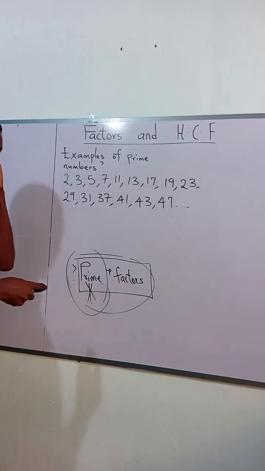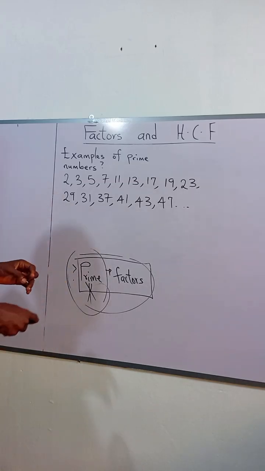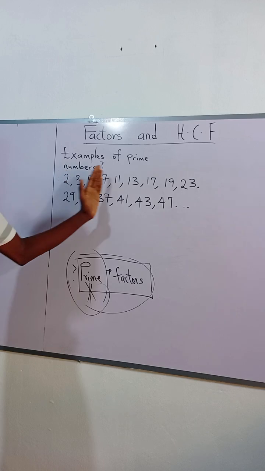So there might be an error somewhere. Make sure you check through. So these are examples of prime numbers.